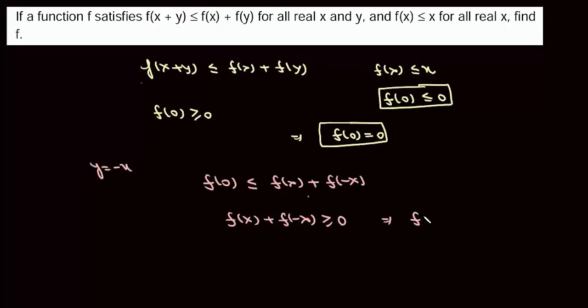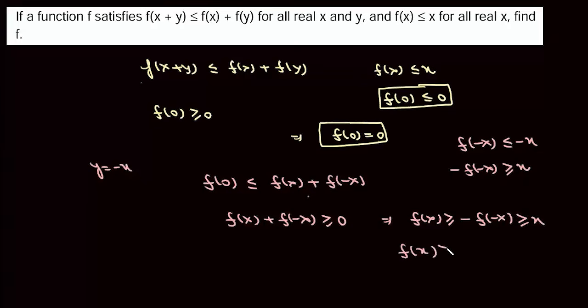Now we can write f(x) will be greater than or equal to minus f(-x), and from the second one we can write f(-x) will be less than or equal to -x, or -f(-x) will be greater than or equal to x. So we'll get this condition that f(x) will be greater than or equal to x. But we are given that f(x) is less than or equal to x. That means the only possibility here is f(x) equals x. So the function which satisfies the two given inequalities is f(x) = x.